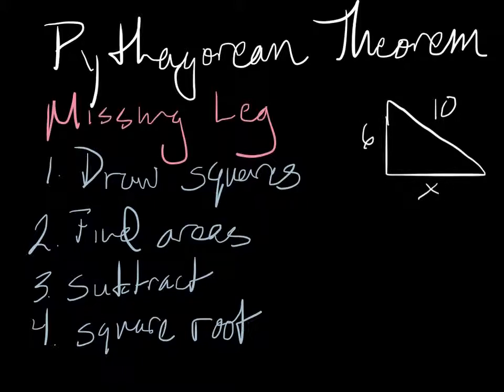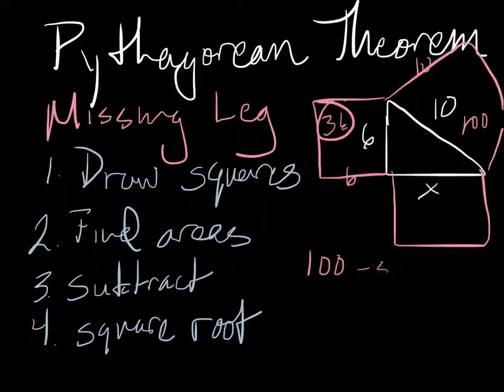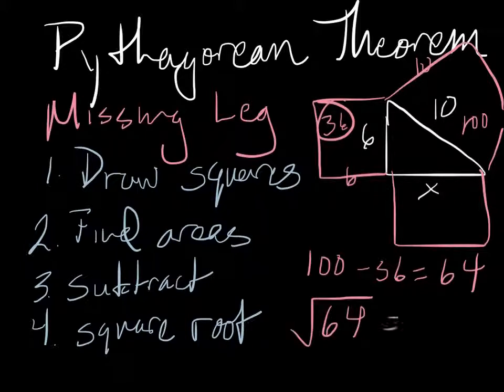Well, again, we can draw our squares off of each section. 6 times 6 is 36. 10 times 10 is 100. But in this case, we'll subtract the numbers, 100 minus 36, which comes out to be 64. Then we take the square root of 64, which, what number times itself equals 64, is 8. So our missing side length is 8.